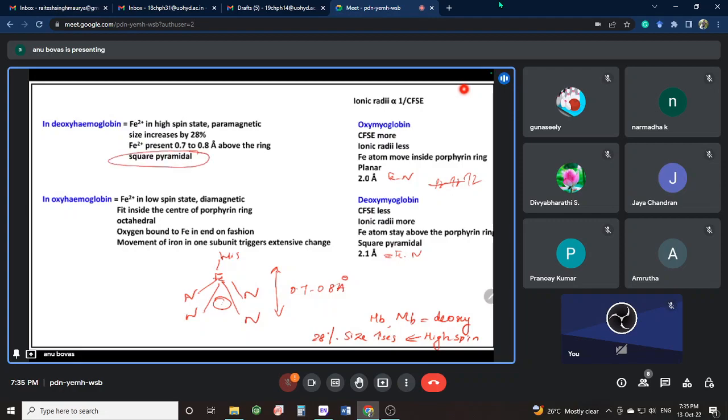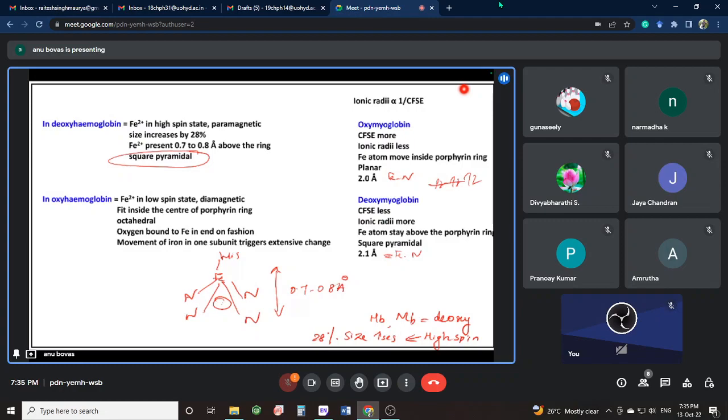Now when it becomes oxygenated, this is for deoxygenated, don't get confused. In deoxygenated we saw high spin, size increases by 28%, so iron will stay 0.7 to 0.8 Angstrom above the porphyrin ring system, not in the plane. But in the oxygenated form, the low spin state means size decreases by just 0.1 Angstrom.